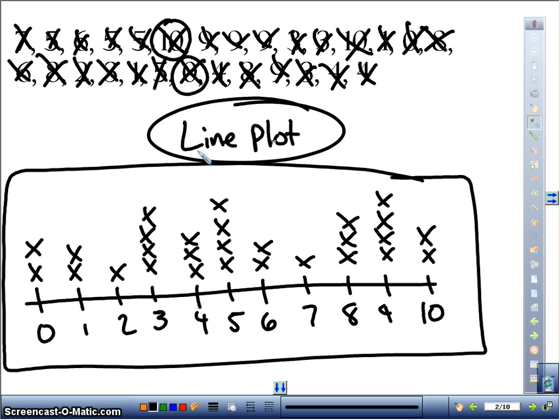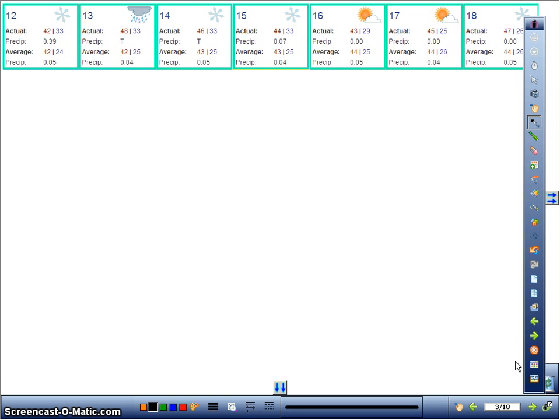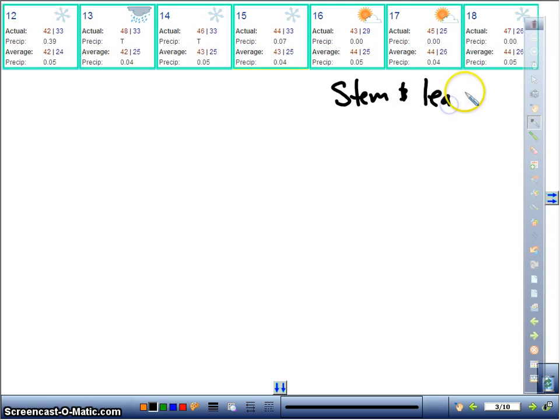Okay, the next one we're going to do, like I said, was a stem and leaf plot. Stem and leaf. And what you do is you kind of draw this vertical line here, and in your vertical line on the left hand side you're going to put your tens digit.